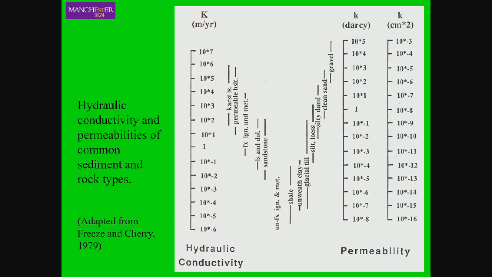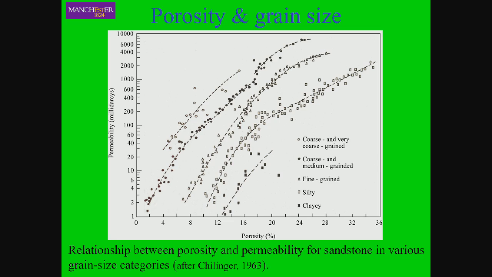Okay, so those are all key points about permeability. The last few slides I'm going to show are just illustrating some of the key controls of permeability. So I mentioned grain size. Here we have a whole series of sands, I think from the North Sea, and you can see as you go from clay sands up to coarse sands, for a fixed porosity, the permeability gets higher.